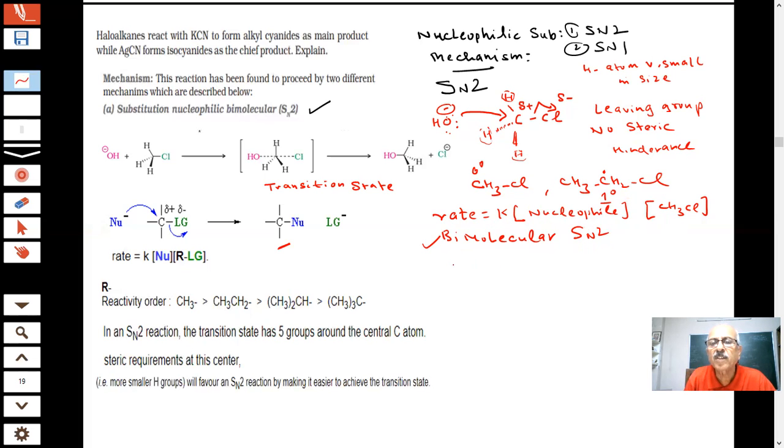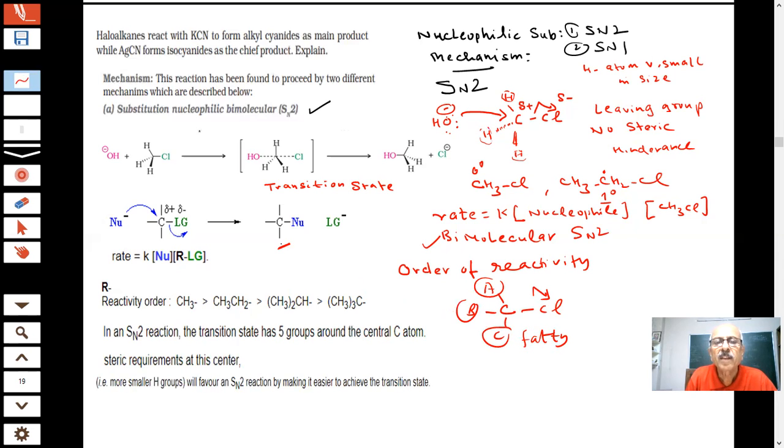Now the question is the order of reactivity. Suppose hydrogen atoms are very small. What will happen if I put very bulky groups here? This is the leaving group. If I put very, very big groups here, A, B, C, if these groups are fatty groups, very big groups, what will happen?